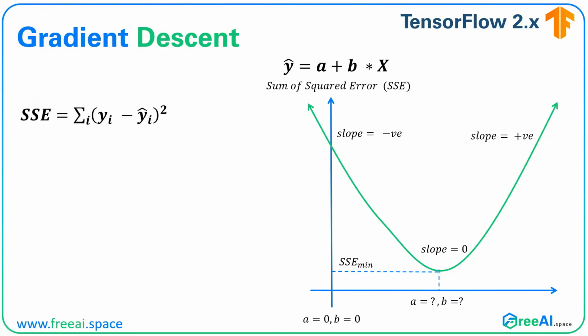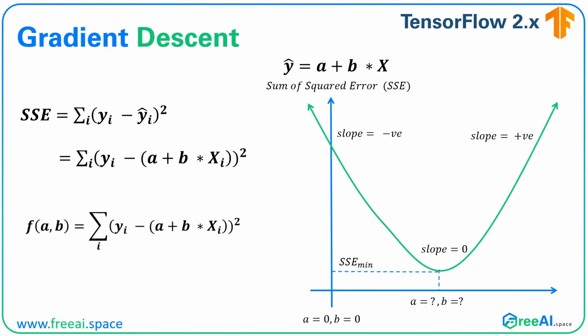The equation of this function is the summation of (yi minus y hat) squared, also known as the cost function or optimization function. As we already know, the estimated value is a plus b into x. Just substitute the value here, and with that we get the summation of (yi minus (a plus b into x)) whole squared. So this is our function, which is a function of a and b.